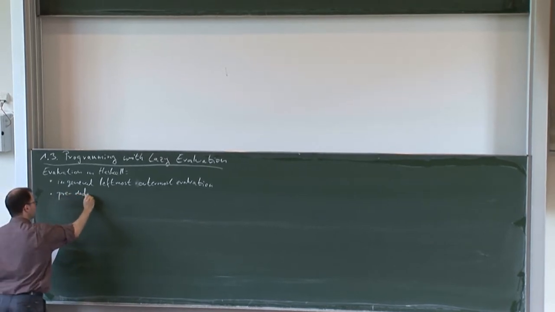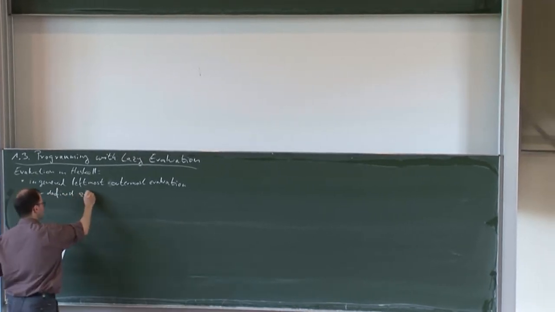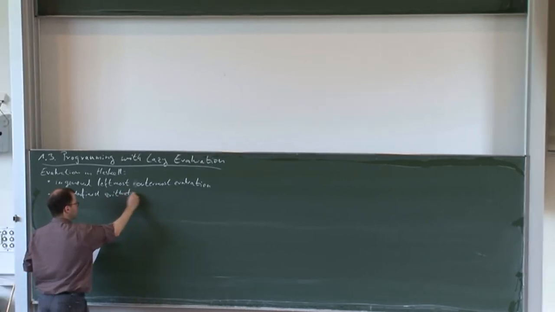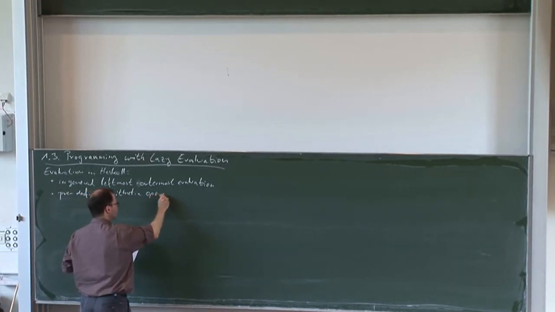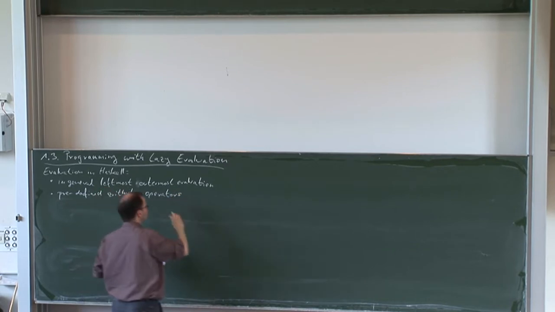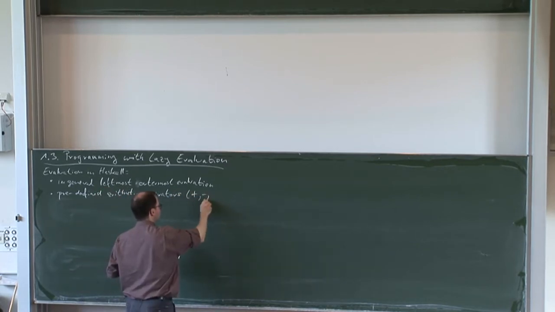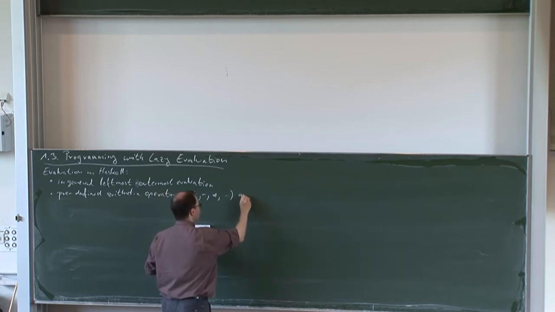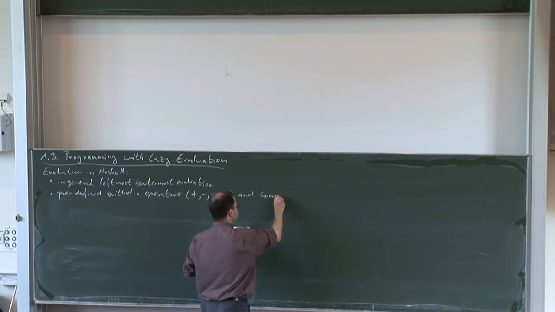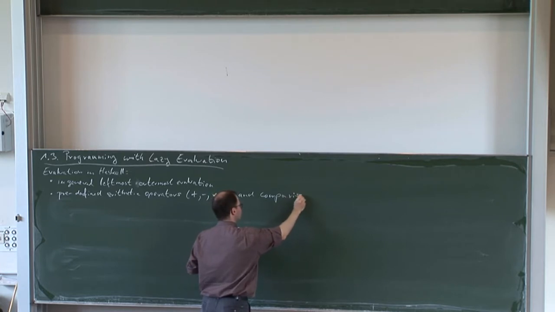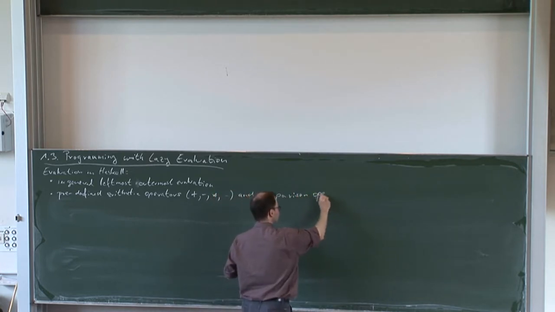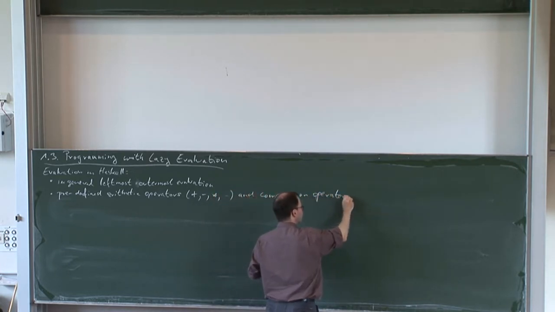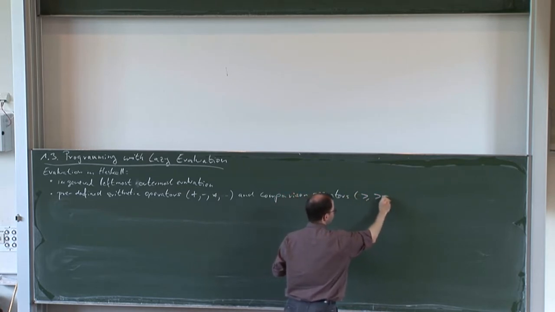So the predefined arithmetic operators, they don't work with leftmost, outermost evaluation. So something like plus, minus, times, and so on. And also comparison operators. So something like greater or greater equal or smaller.